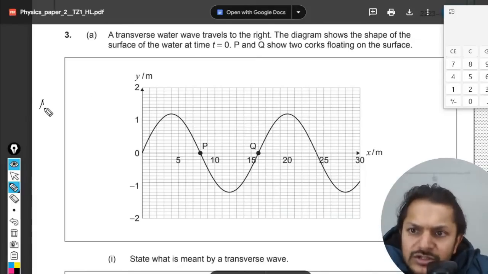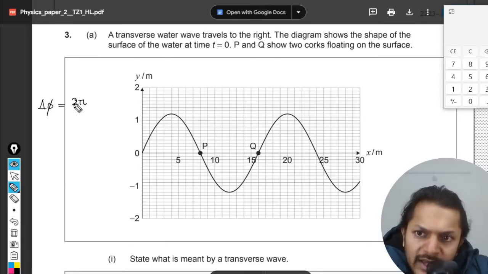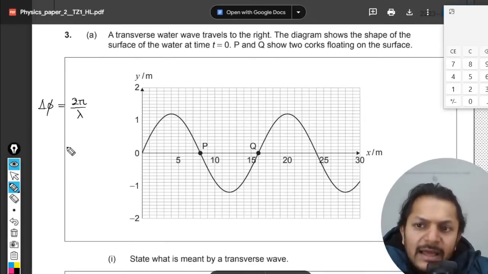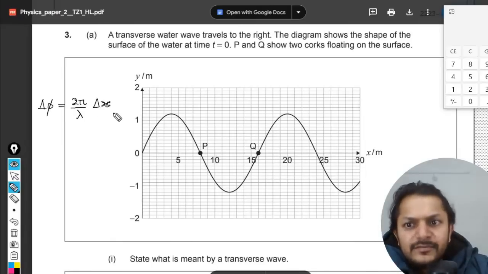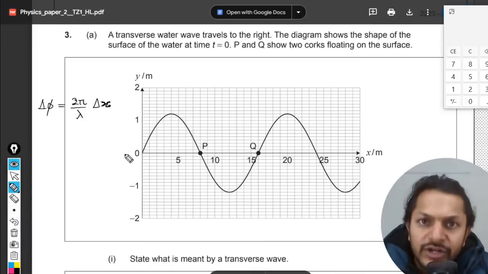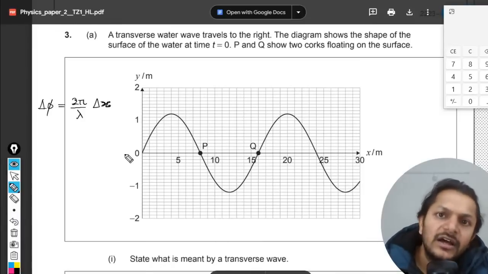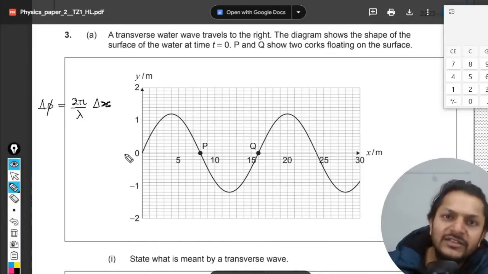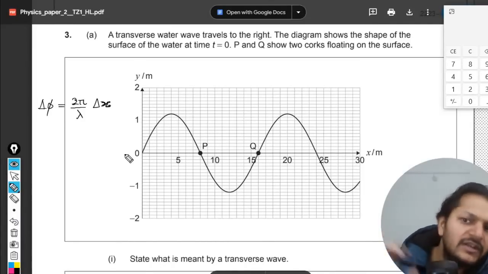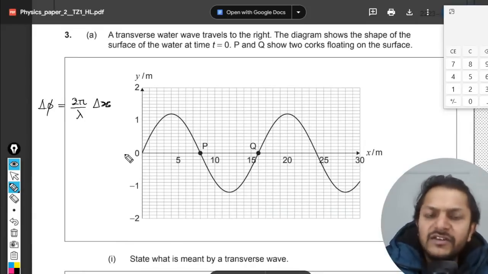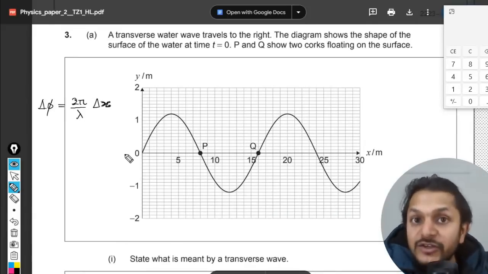The formula goes somewhat like this: delta phi is equal to 2 pi divided by lambda wavelength into delta x. Although it's just a mathematical formation by using the unitary method, that for the lambda wavelength 2 pi is the phase difference, accordingly we can create this formula. But anyways, if you people want to remember it, that will be really useful.